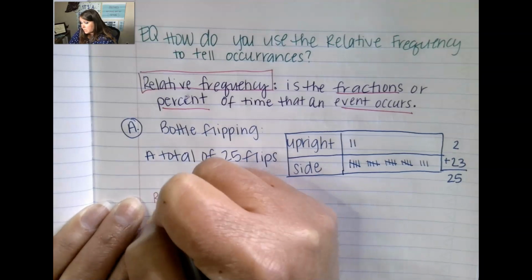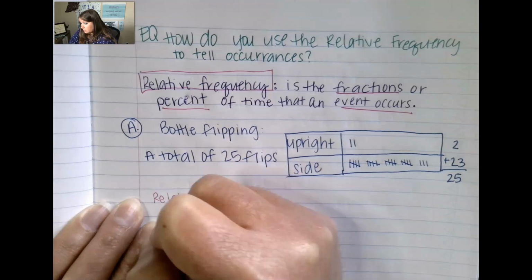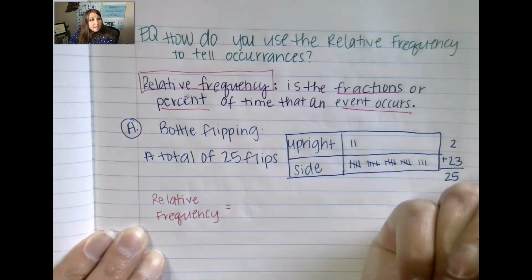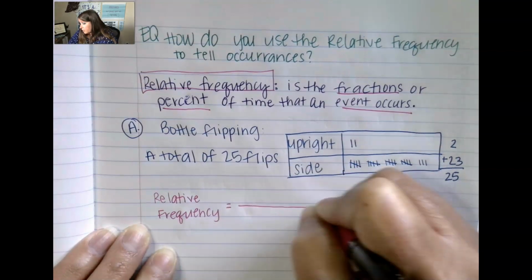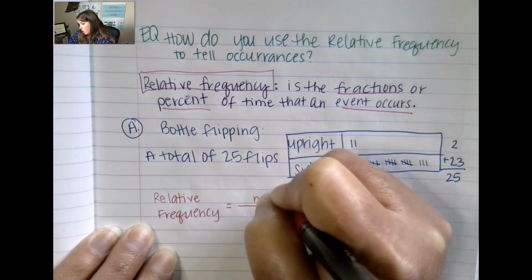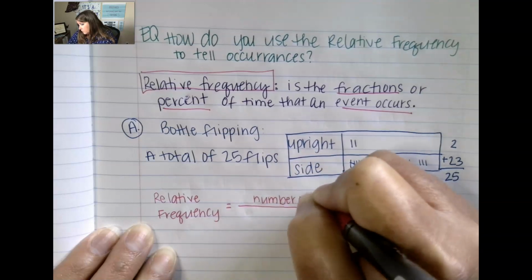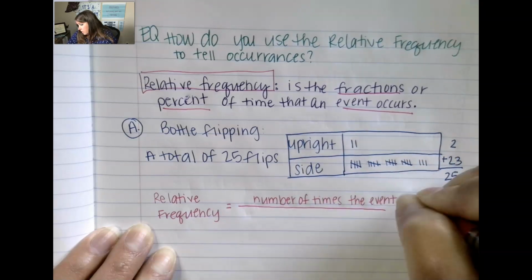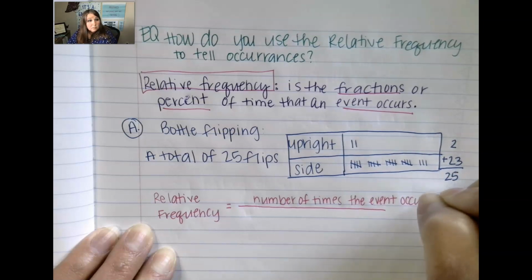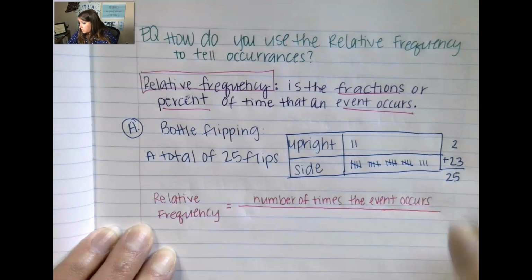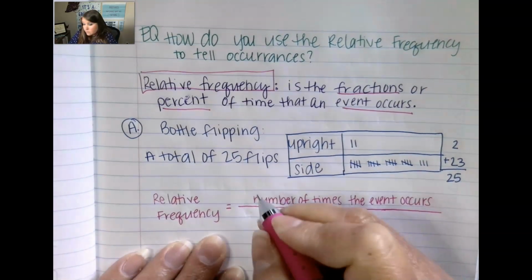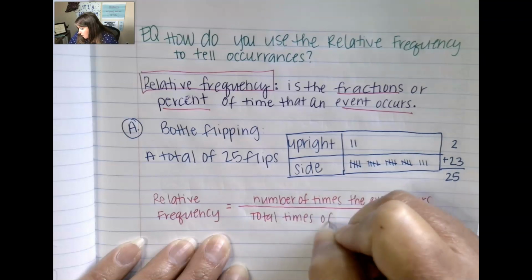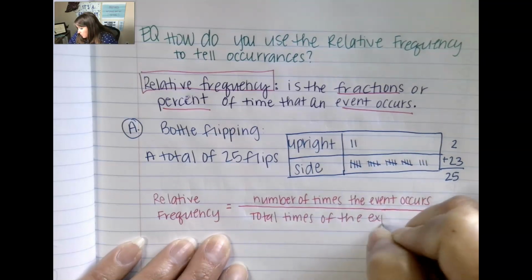So relative frequency, we're going to make a fraction that uses the number of times the event occurred on the top over the total possible times, or the total times of the experiment.